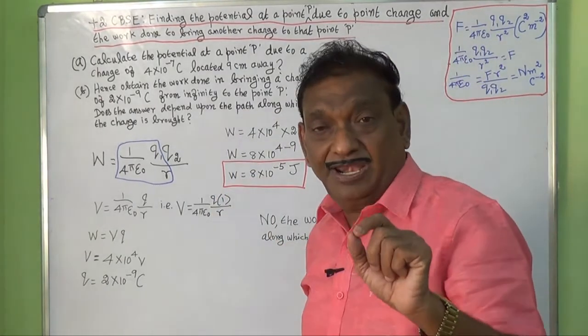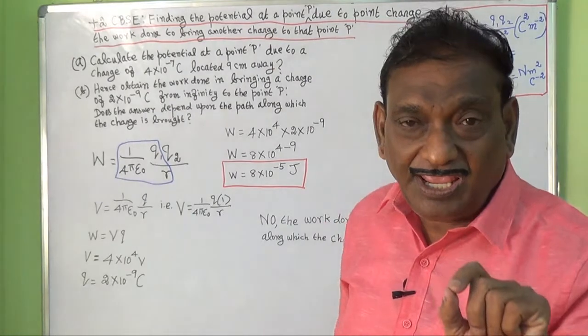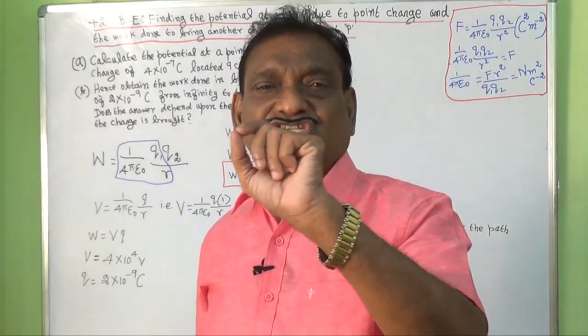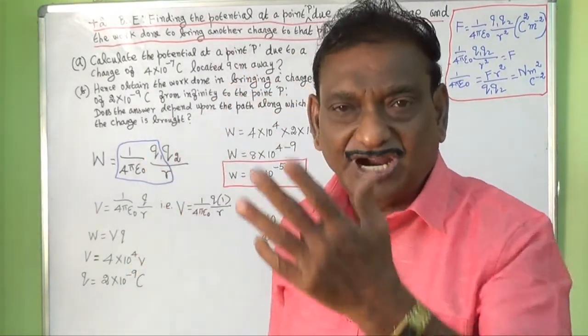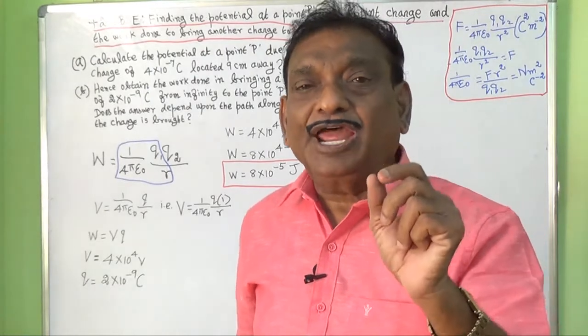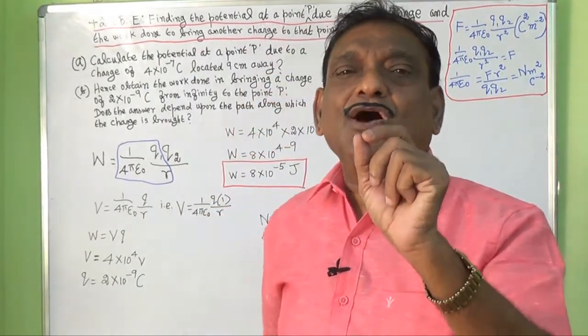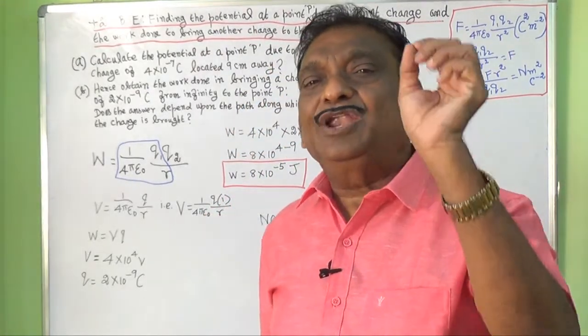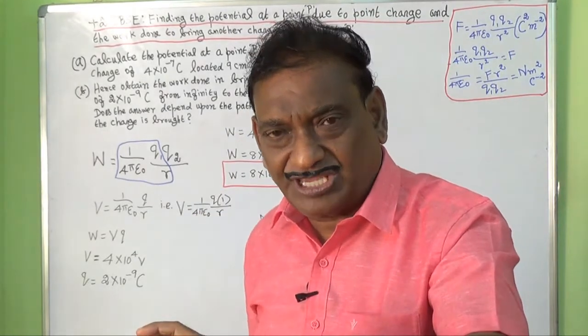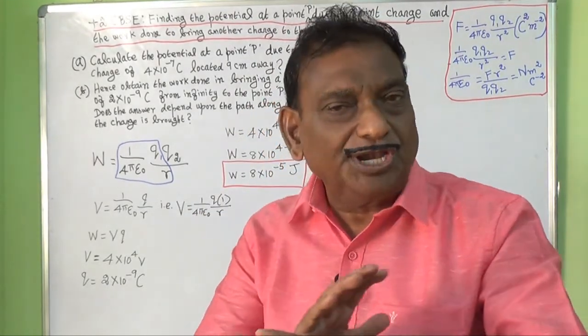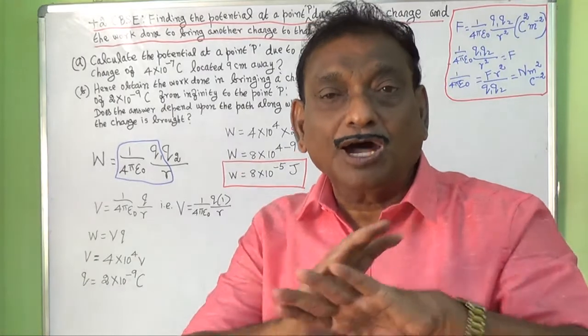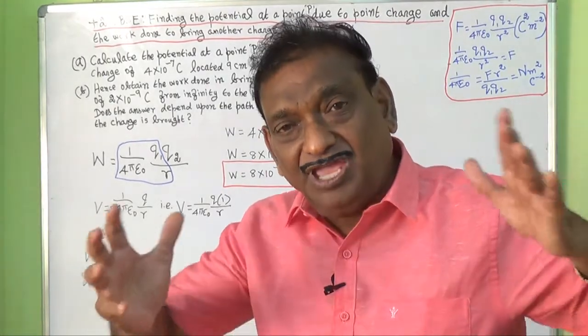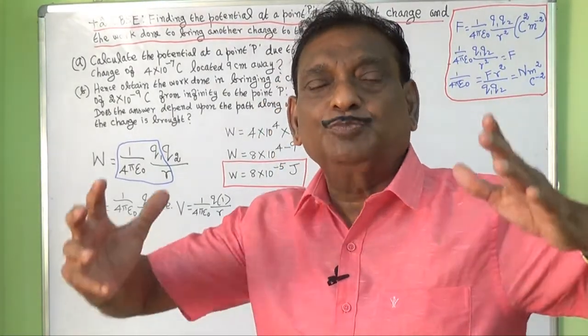The work done depends only on the charge and the distance. In other words, the work done depends only on the initial and final position of the charges. It does not depend upon the path, in whatever way the charge is brought.